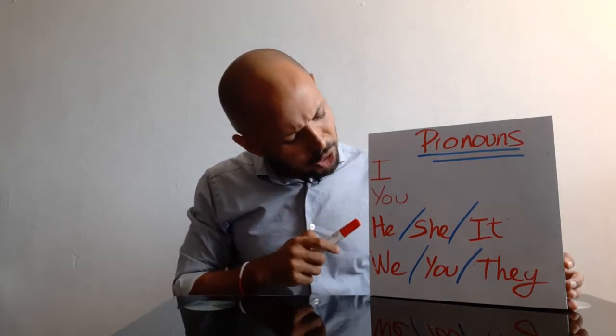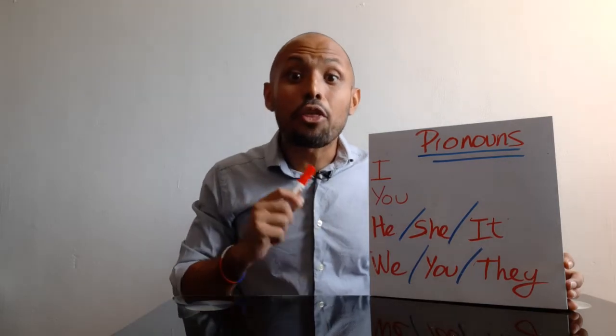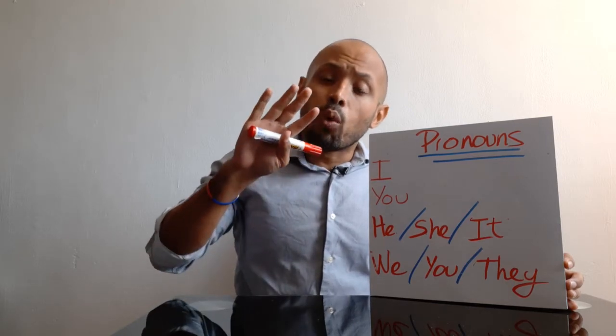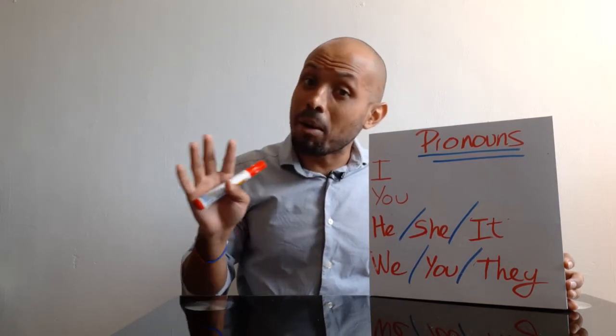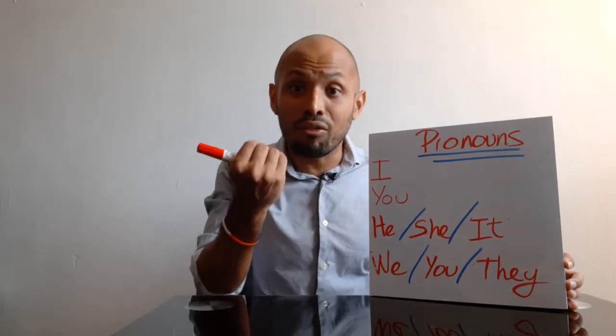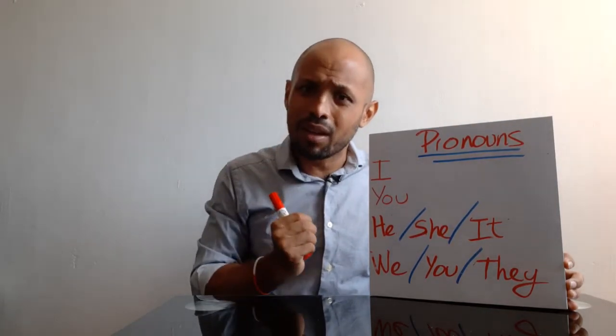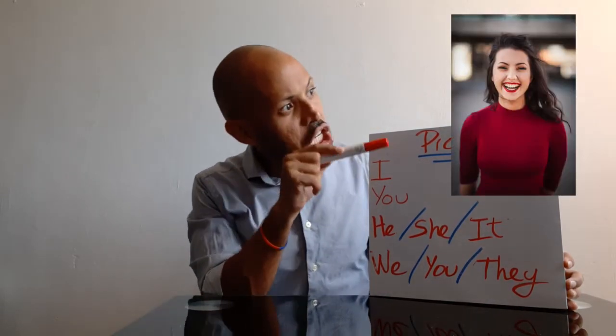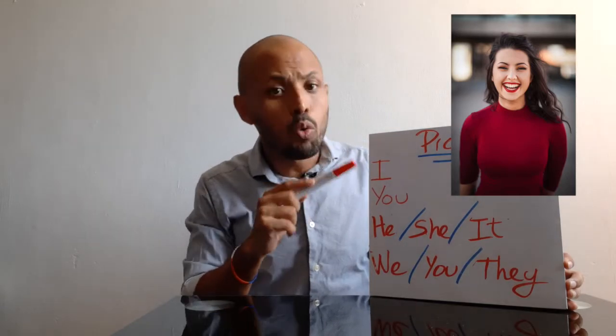Now, if we talk about third person, what is third person? Third person is when you want to refer to somebody or something that is not part of this conversation. So you say he for a man, and you say she for a woman.